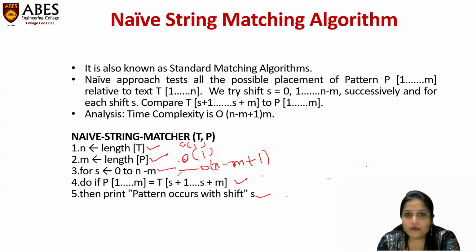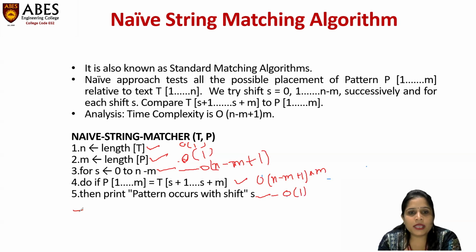After this loop, what we have to do, we just compare our pattern whose size is m to a given text array. So this statement will execute up to order of n minus m plus 1 multiplied by m times. And after finding the pattern, we just print the pattern again in a constant time, order of 1.